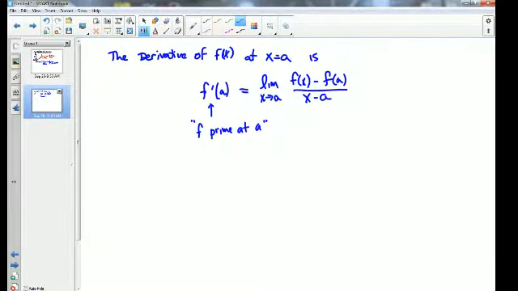That's your book's language. Calculating the answer to that will give you the slope of a tangent line.